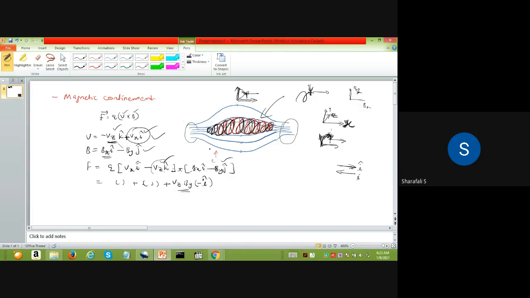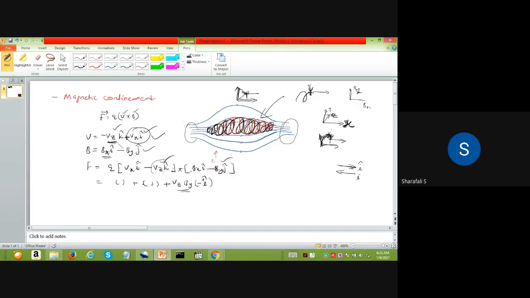Anyway, just understand the basic idea: the particle will just reverse its direction here, and here also it will just reverse its direction. It will act like a magnetic mirror. So the particle will be coming in this direction, and when it reaches here, it will be reflected back.